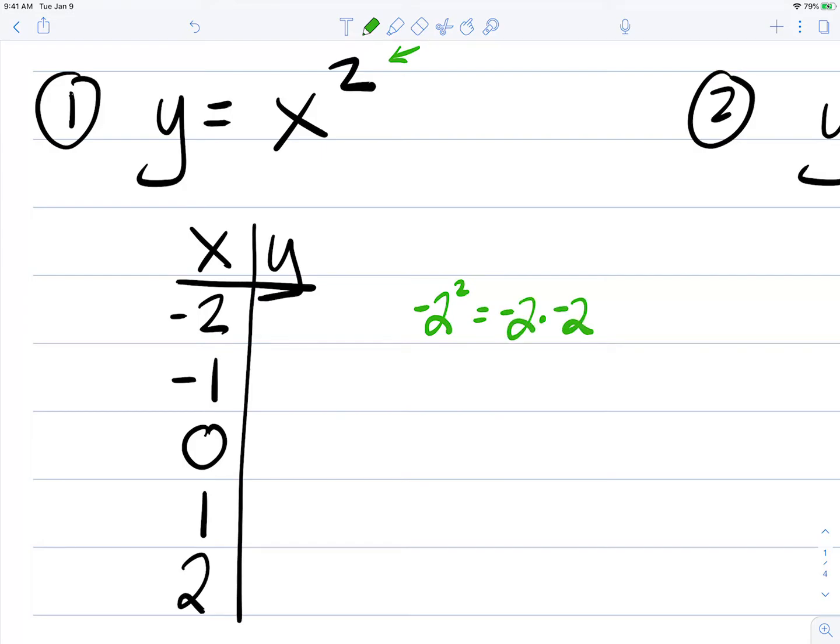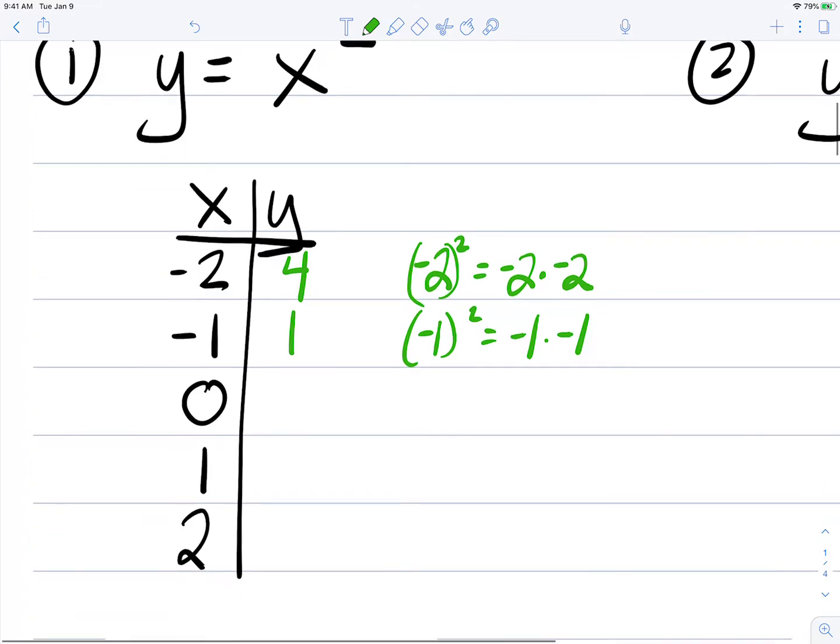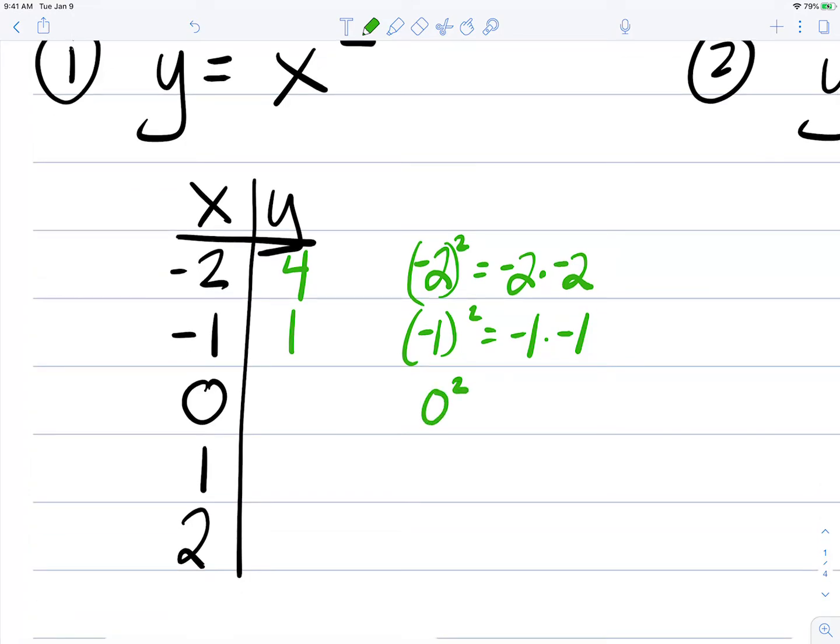And -2 times -2 is positive 4. For our next number, -1 squared means -1 times -1, which is 1. 0 squared is 0. 1 squared is 1. And 2 squared is 4.